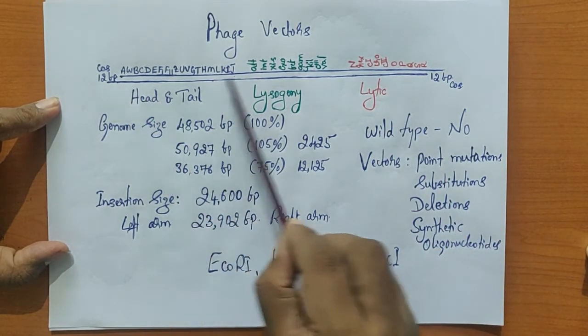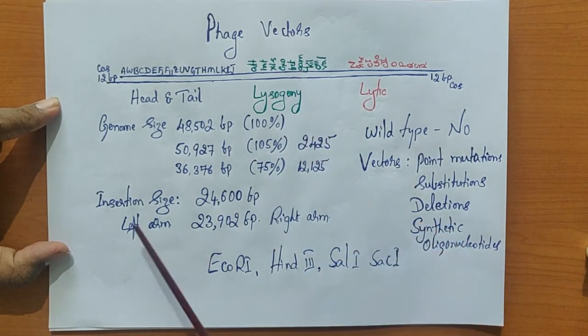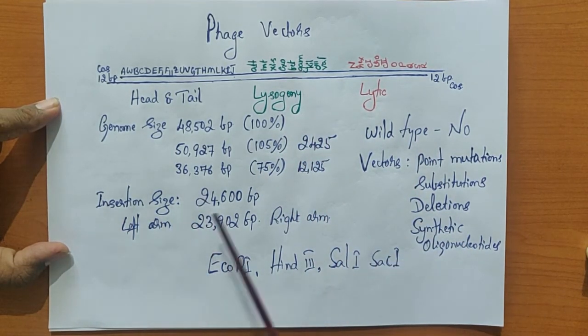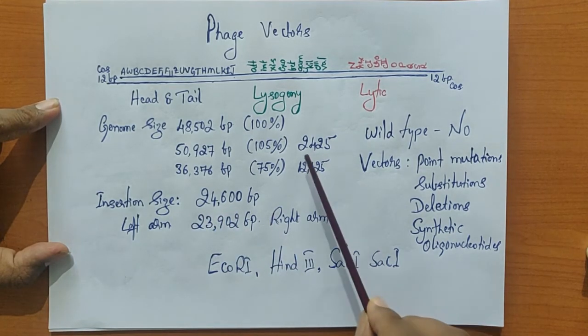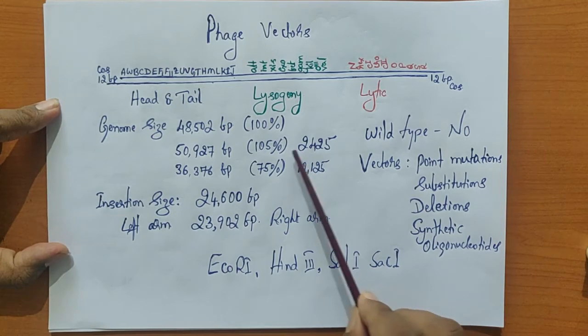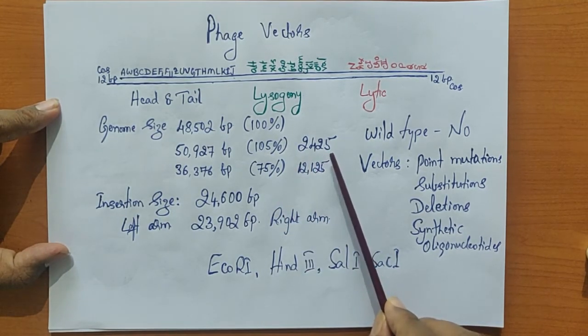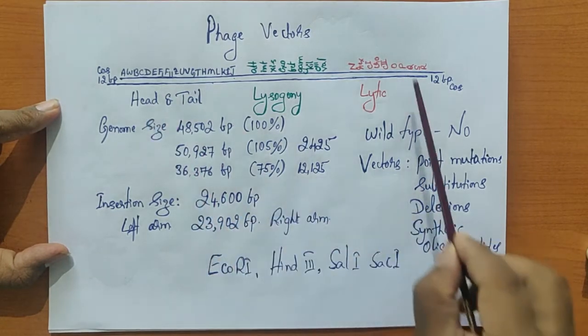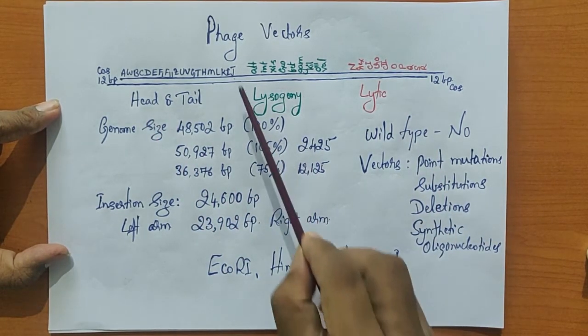If you remove all those, then we can easily accommodate an insertion size of 24.6 kilobase. Initially it was very bleak, as we could only accommodate 2,425 bases.